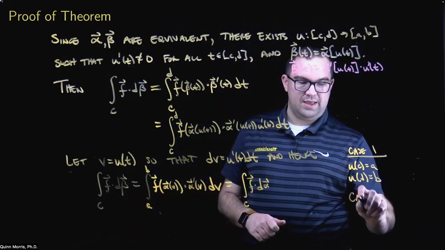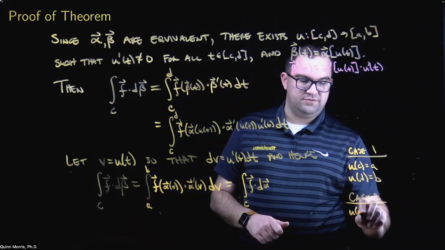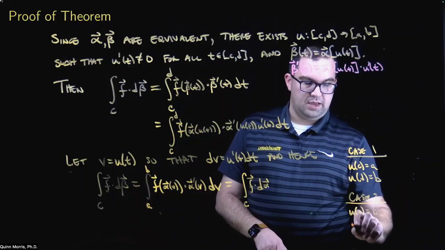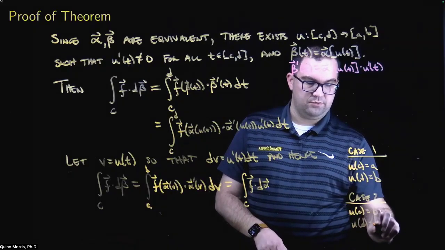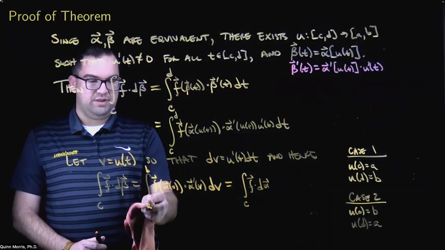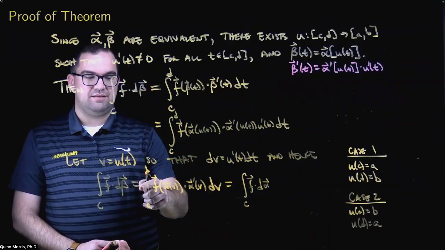Now, what if we're in the other case? Okay, so in the other case, u of c is equal to b, and u of d is equal to a. Well, in that case, instead of getting a to b here, we'd get b to a. But then we could swap them and we just pick up a negative sign.